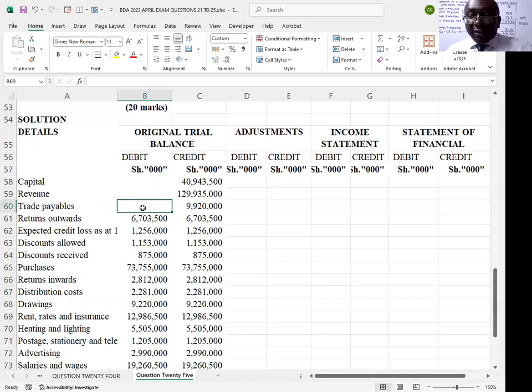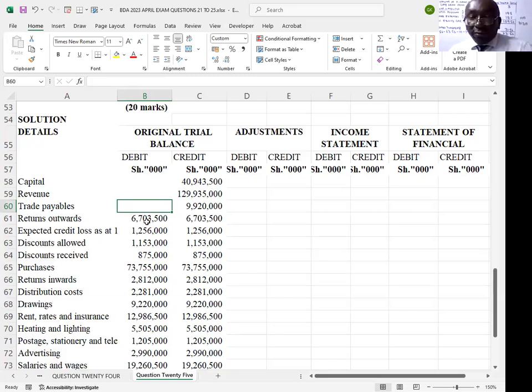Payables are credits. They are liabilities. Returns outwards, are they debits or credits? Hey, you people, you don't work in auditing companies or audit your books.